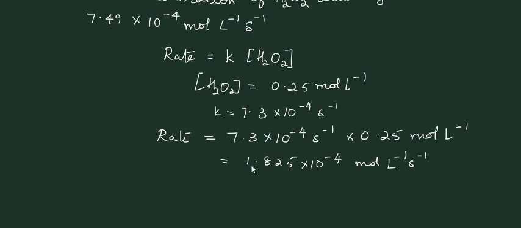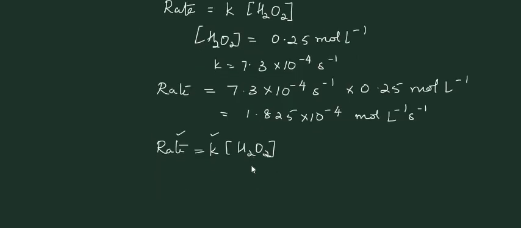So same expression is used here. Rate is equal to K into H2O2. Here they have given rate, K is known. We have to find out the concentration of H2O2.